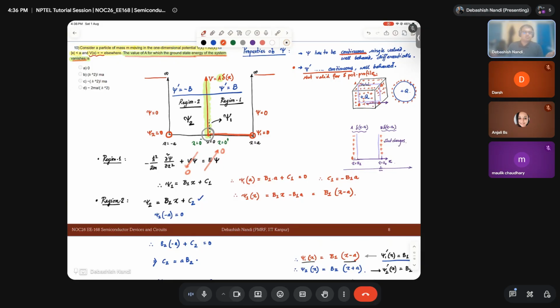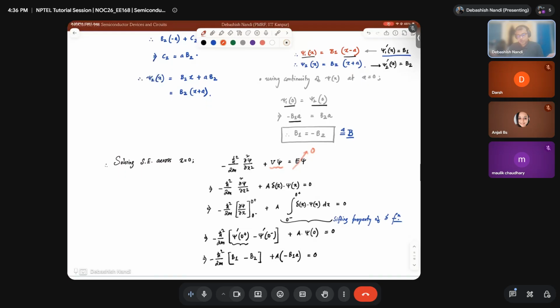I think this is just maths, but you have to be very careful about the real life situations where you can model with a delta function, and also you need to know the properties of delta function. If you have forgotten, please go and revisit your signal system courses. There is a book called Oppenheim, so you can read that.